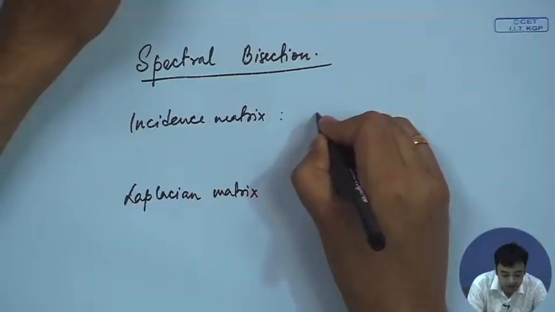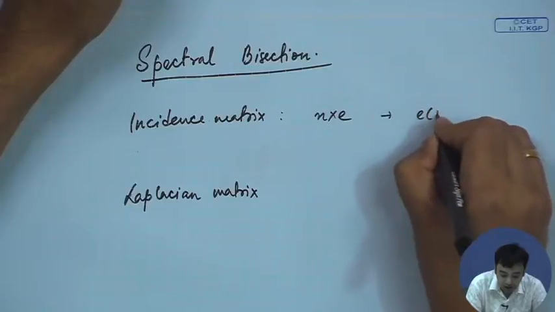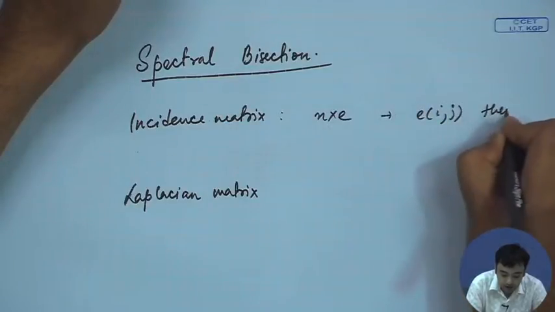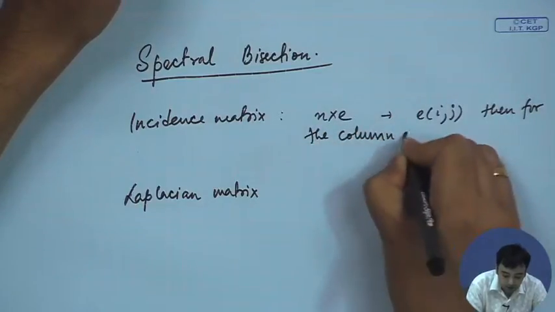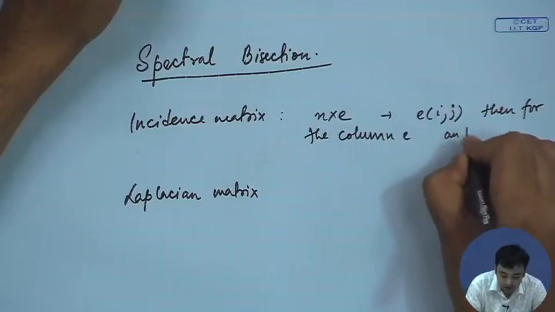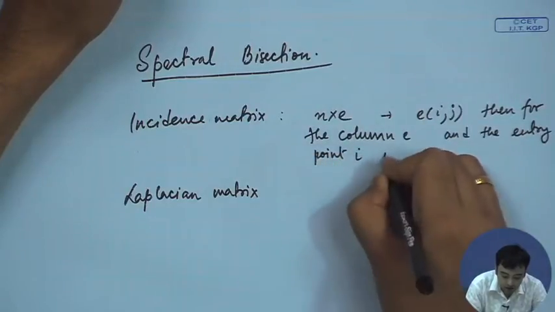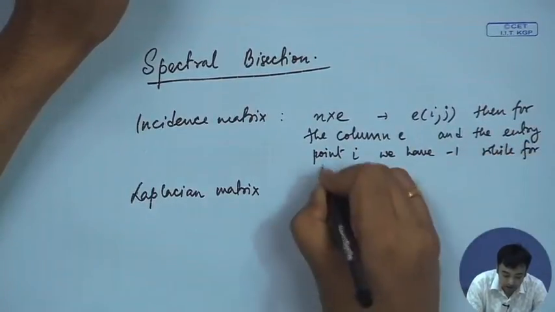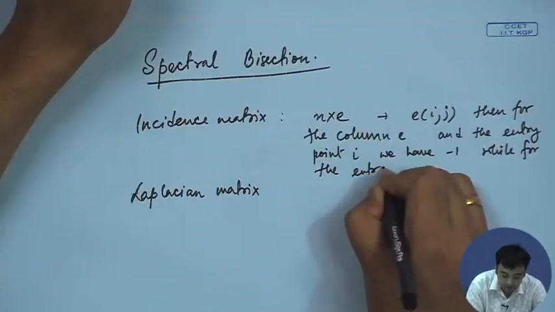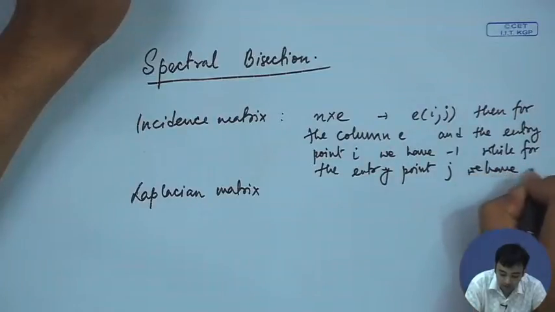The incidence matrix, as we said, is an n cross E matrix, where if there is an edge E between i and j, then for the column E, the entry at point i is -1, while the entry at point j is +1. We will look at a typical example soon.